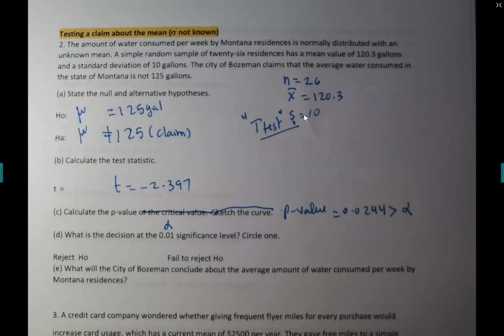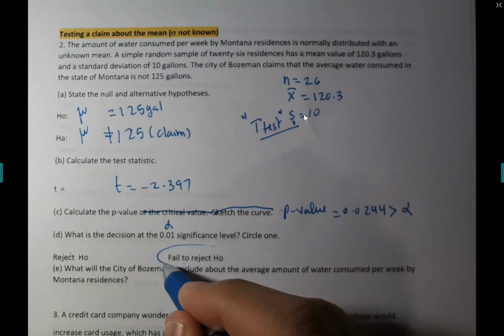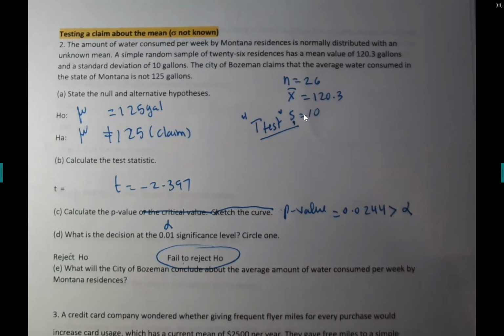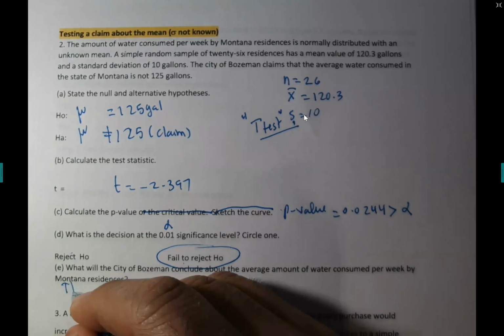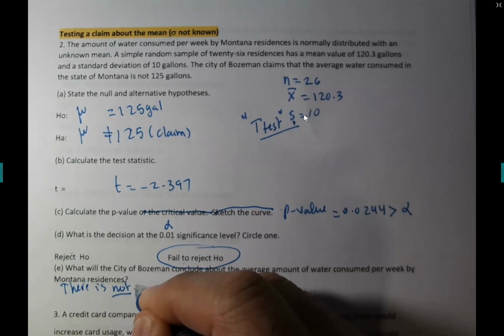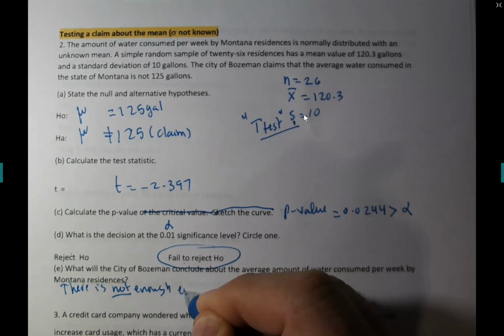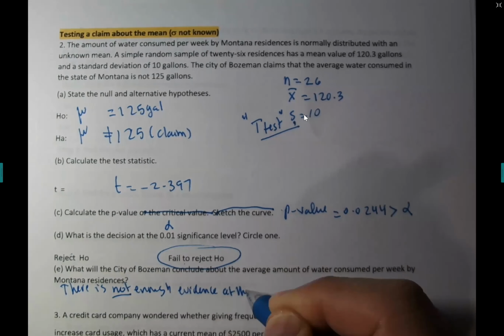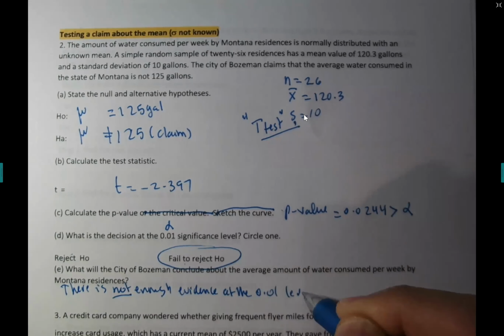Then what's the decision, first or second? Fail to reject. Okay, if you fail to reject, as I stated yesterday, guys, you start with there is not enough evidence at the 0.01 level of significance.